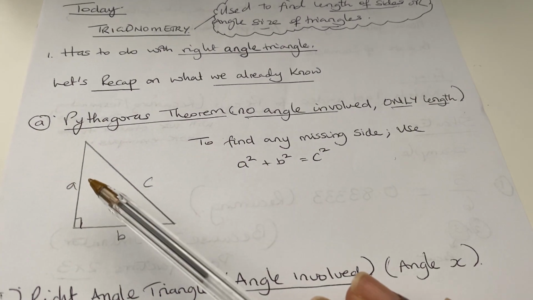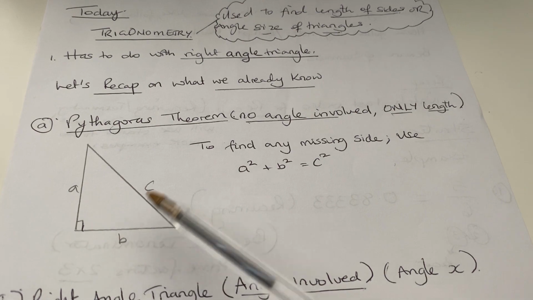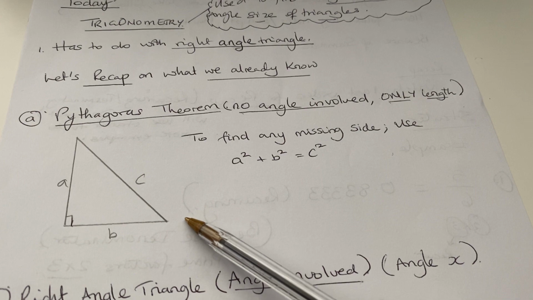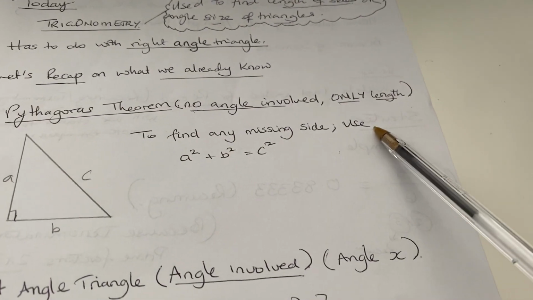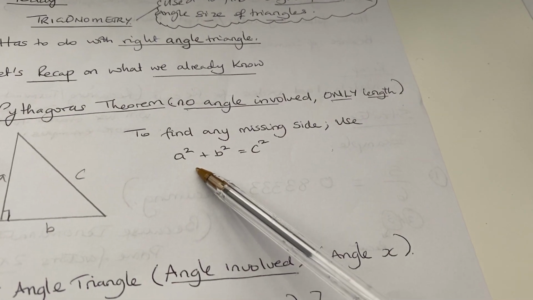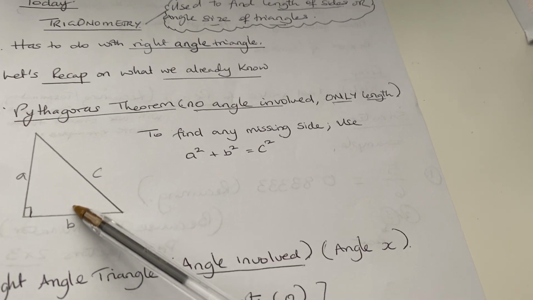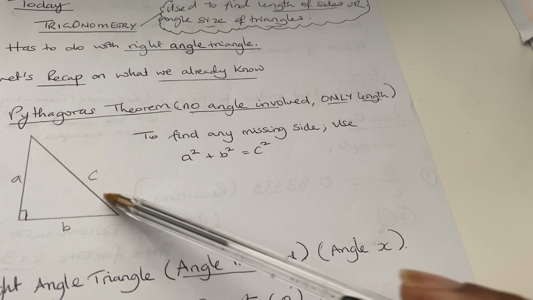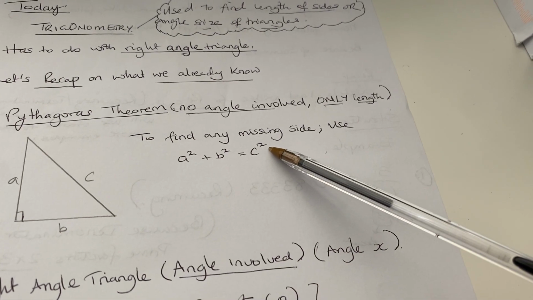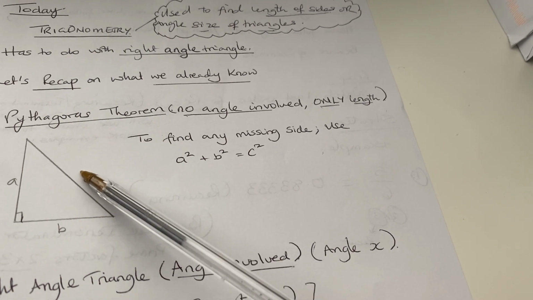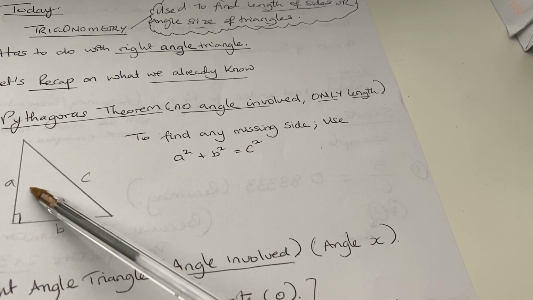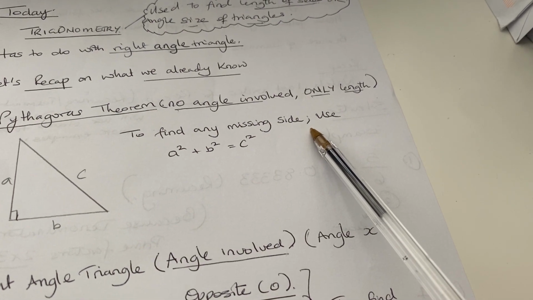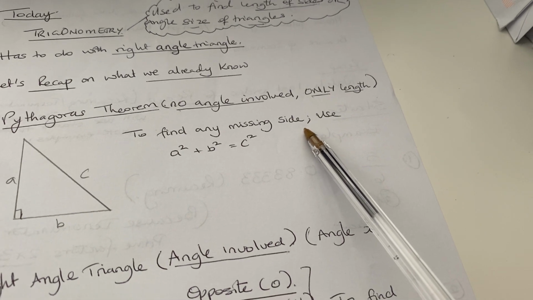You have sides a and b, and then you have the hypotenuse, the long side here. To find any missing side, use a squared plus b squared equals c squared. So if you know c and b, you can find a. We've done five videos. Go back and watch them and make sure you understand.